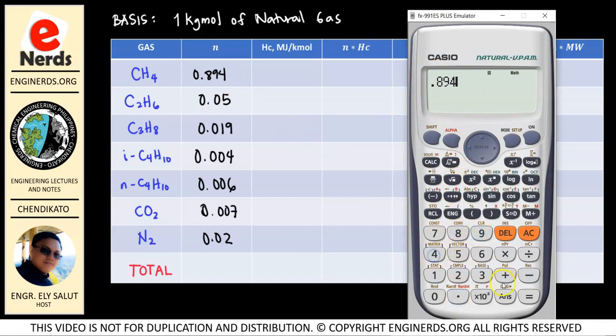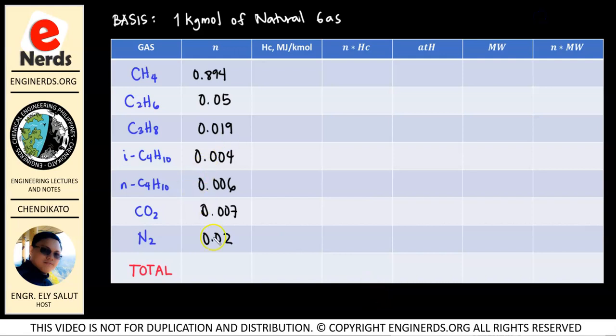So, 0.894 plus 0.05 plus 0.019 plus 0.004 plus 0.006 plus 0.007 plus 0.02 and it is equal to 1. So, therefore, tama yung naging sagot natin. So, meron na tayong number of moles in kilogram mole ng every component natin.